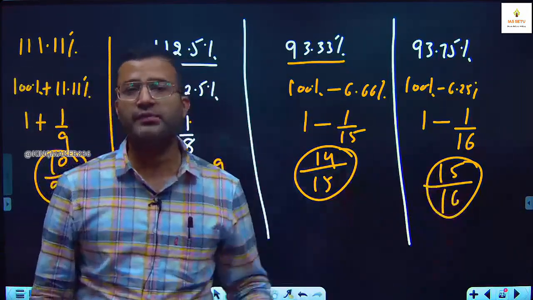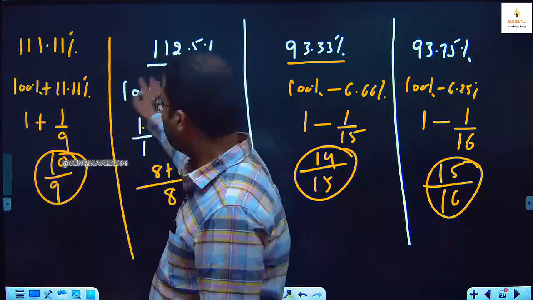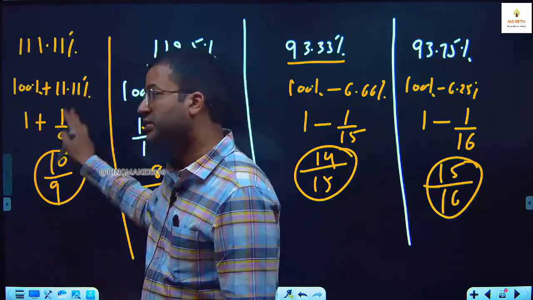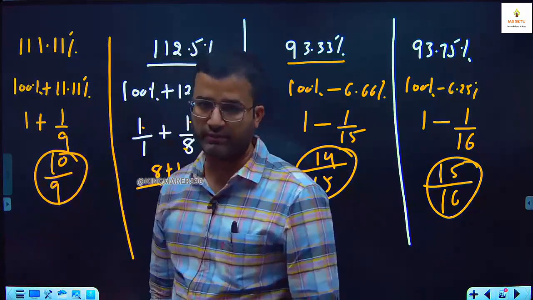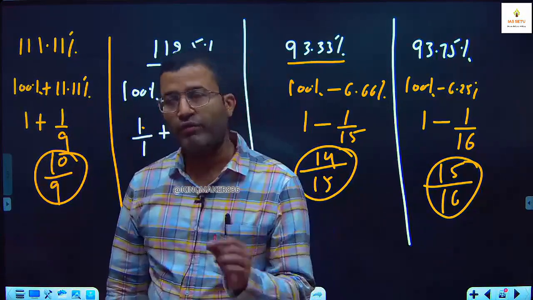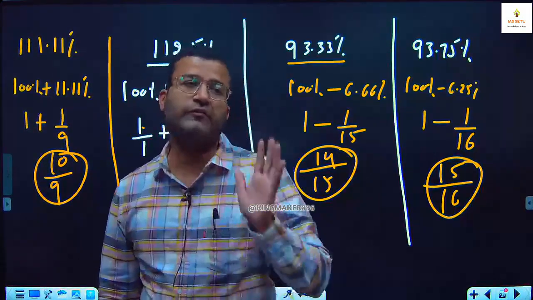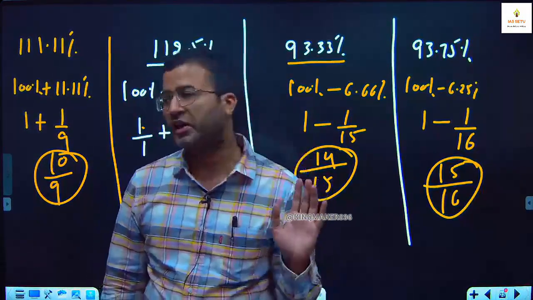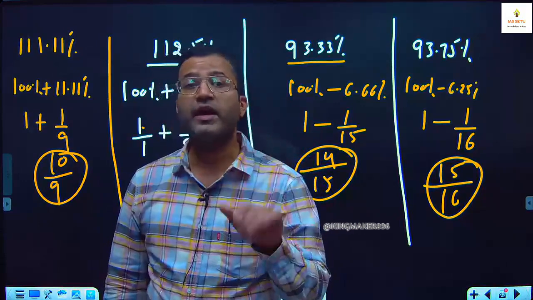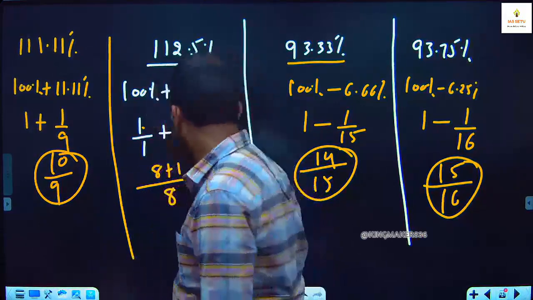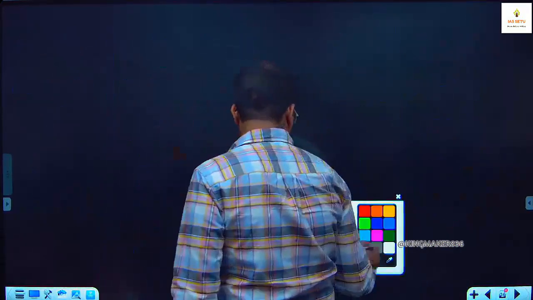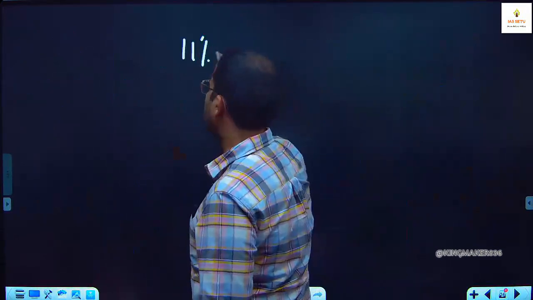Now here he asked me a question, whether we will get only this type of value. See, first you remember this table. Okay, when you remember this table, if you get a value directly from the table, then you have to use the fraction value. But if any other value is asked, like 11% of something.